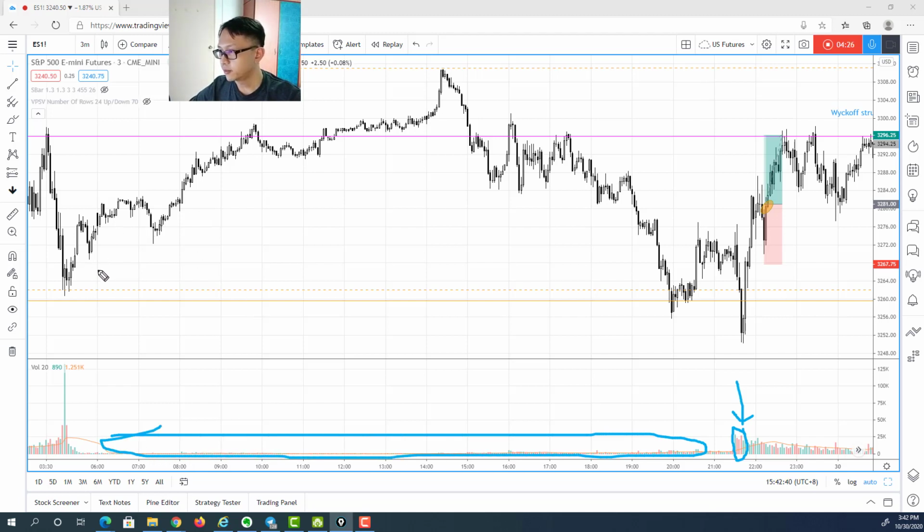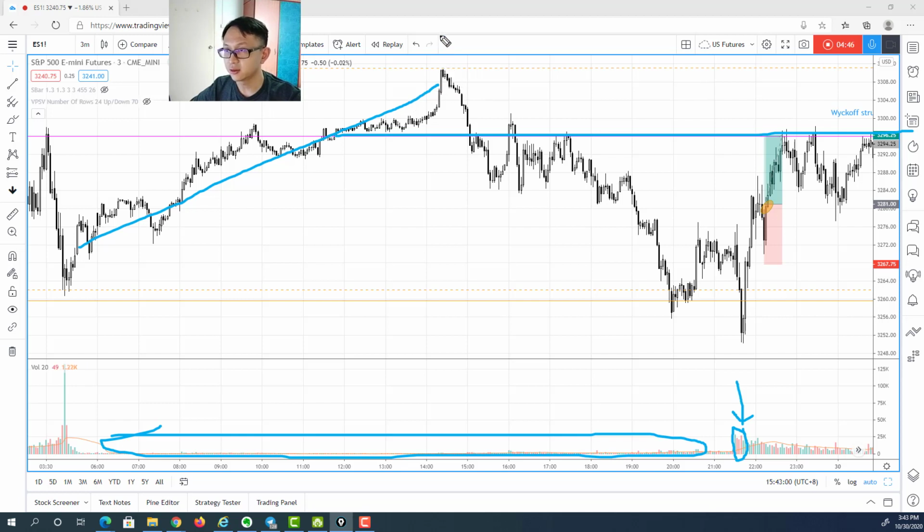Before that we have seen this kind of rally that just touched this resistance zone, because the 3300 level to around 3320 became the resistance zone, as it had just been broken.